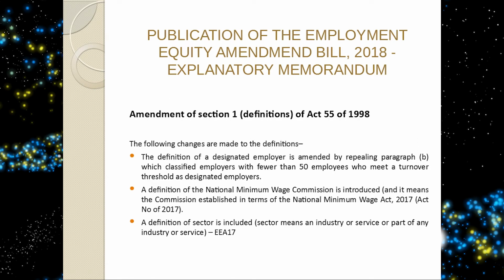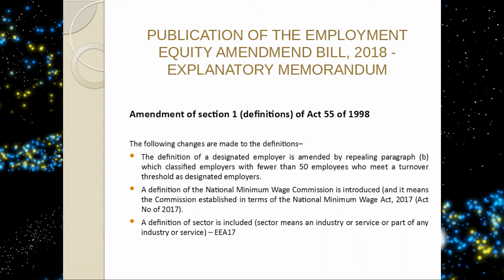On the definitions: the definition of designated employer is amended by repealing paragraph B, which classified employers with fewer than 50 employees by turnover thresholds. Bottom line, it means the following. Should this bill be gazetted as is, all companies employing fewer than 50 people will be deemed non-designated, irrespective of turnover.